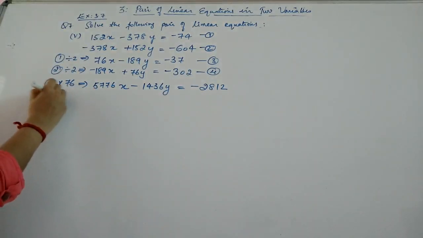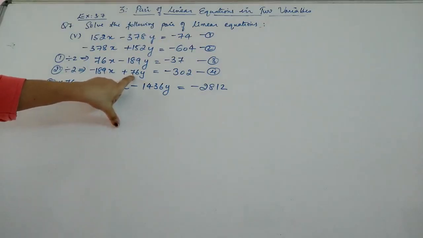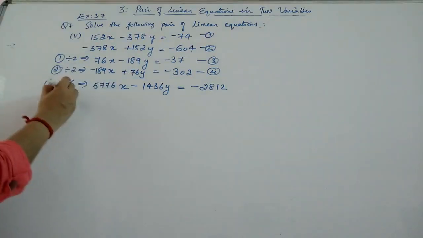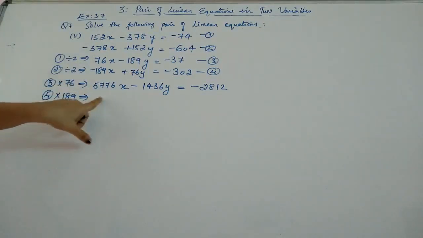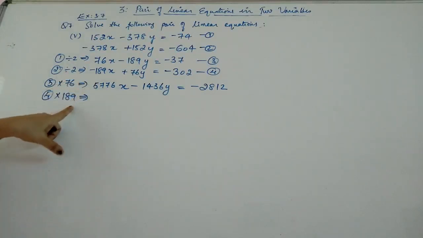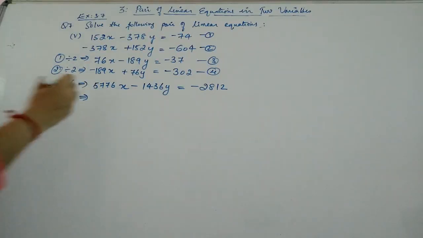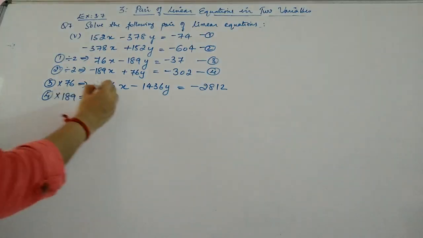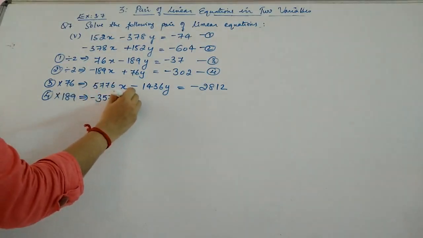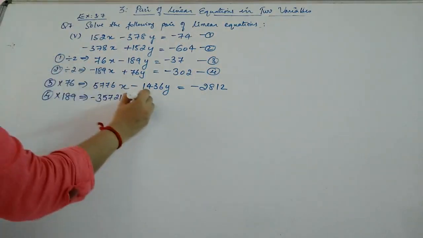Now equation number 4, in order to make the coefficient the same, we are multiplying this equation, equation number 4, with 189, which will give you the first term, 189 into 189, as negative 35721x. Here you have a positive sign.